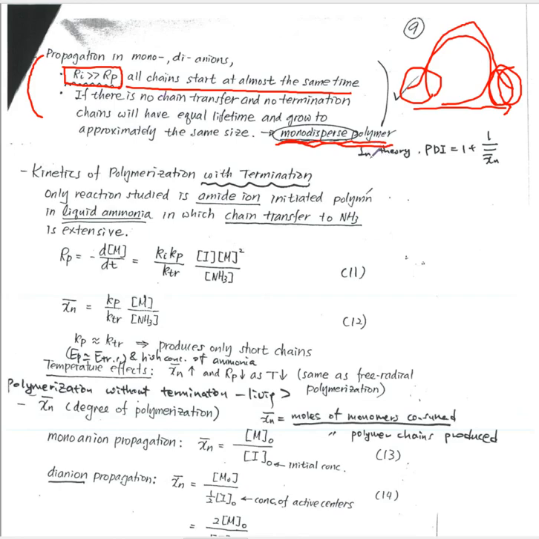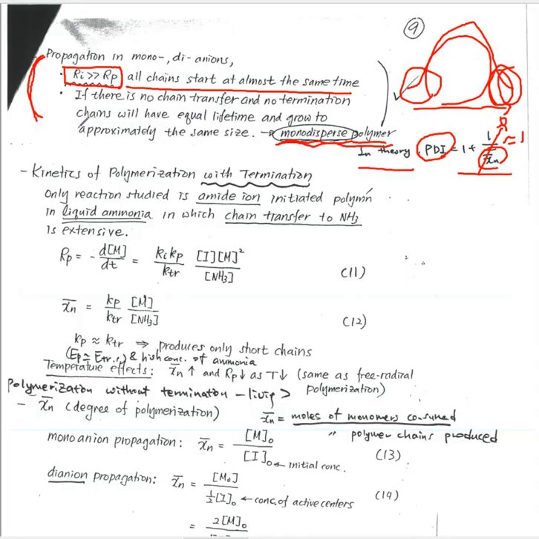In theory, and we will not go into the details of this theory, PDI in anionic polymerization is equal to 1 plus 1 over the number average degree of polymerization. So if you have high molecular weight, this is basically 1. You can just ignore this part. It's a very interesting feature, right?